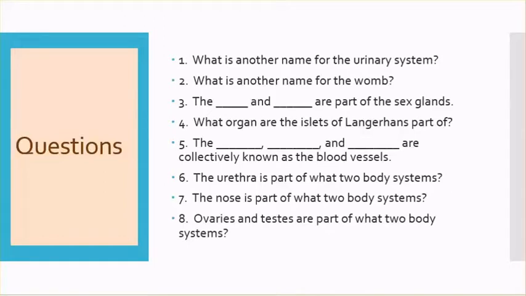Number 5. The blank, blank, and blank are collectively known as the blood vessels. Number 6. The urethra is part of what two body systems?